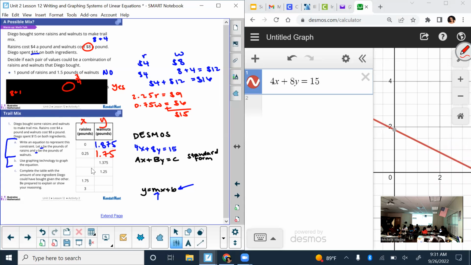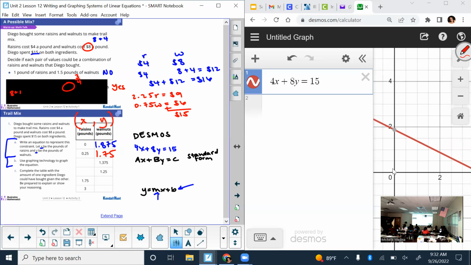For these next two, what am I looking for in this chunk of my table? I'm looking for the x's instead, not the x-intercept, but the x's. So when y is 1.375, and remember, coordinates always go in what order? X comma y.